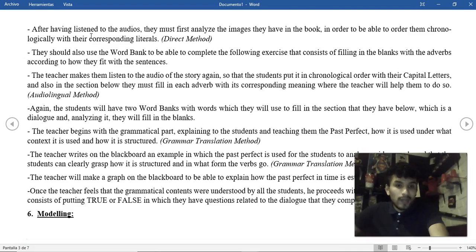The teacher will make a graph on the blackboard to explain how the past perfect is established in time. Here in the textbook we have a graphic that I'm going to write on the blackboard to explain to my students how the past perfect works in relation to time. Once the teacher feels that the grammatical contents were understood by all students, he proceeds with the following exercise, which consists of putting true or false, in which they have questions related to the dialogue and they complete it in the paragraph above.